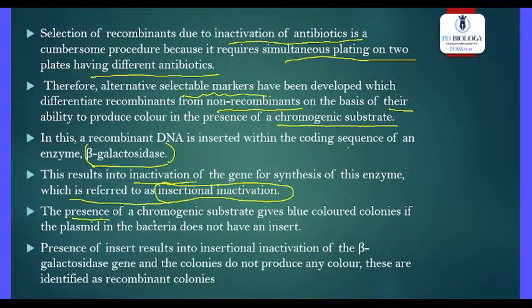The presence of chromogenic substrate gives blue colored colonies if the plasmid in the bacteria does not have any insert. Presence of insert results in insertional inactivation of the beta-galactosidase gene, and the colonies do not produce any color.